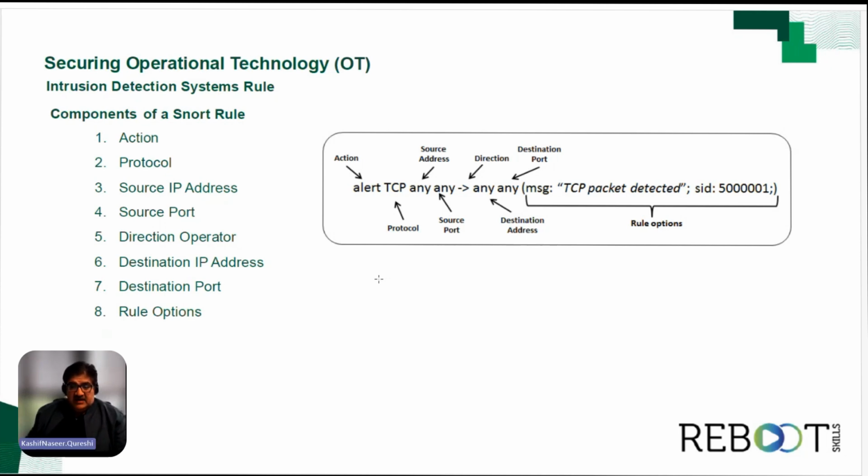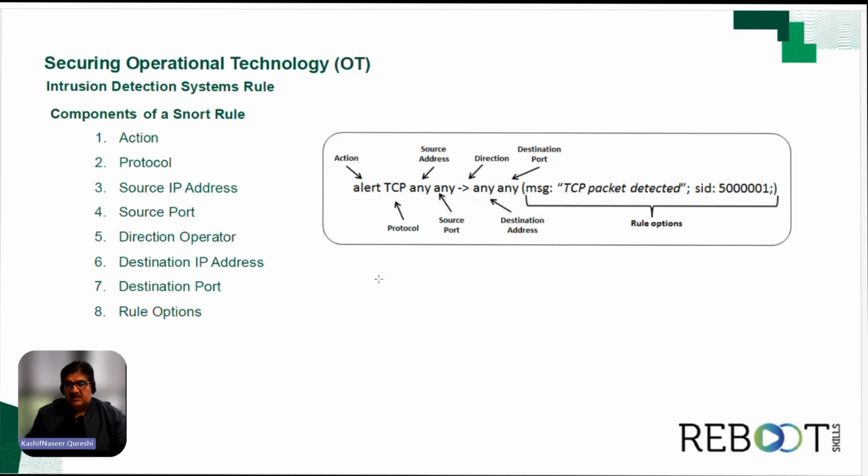And then we have the message, the rule options. In the rule options you can see the conditions and the actions to take if the rule matches. They are inside parentheses and separated by semicolons. These are the common options where we can add the message.